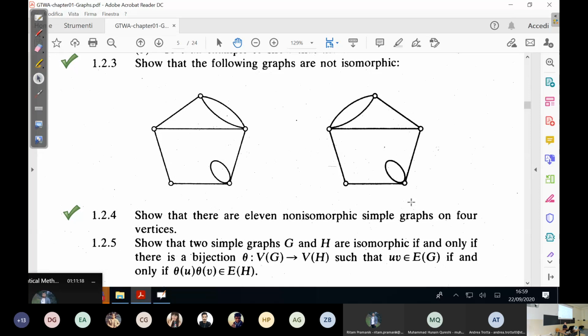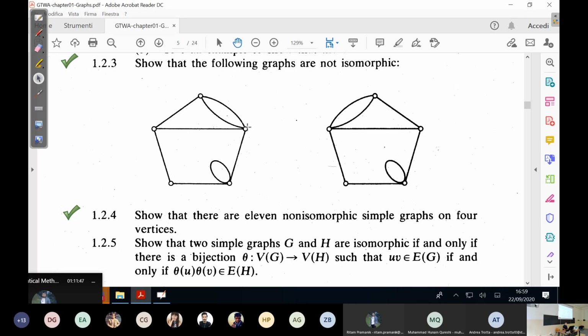Any idea? Okay, I'll tell you. So these two vertices, which are ends of the multiple edges, must go, I don't know in which order, to these two vertices, okay?